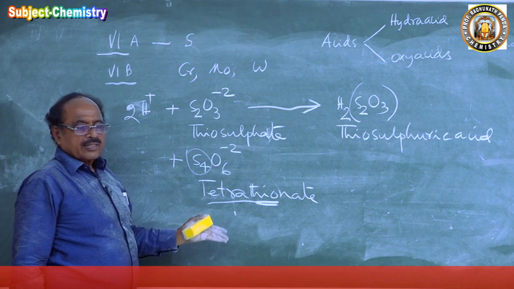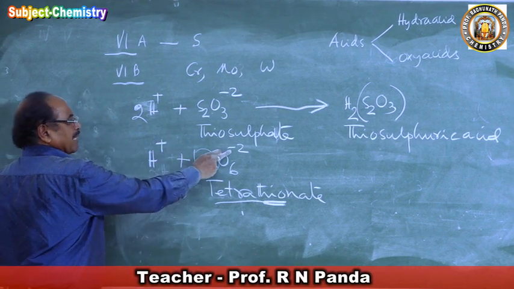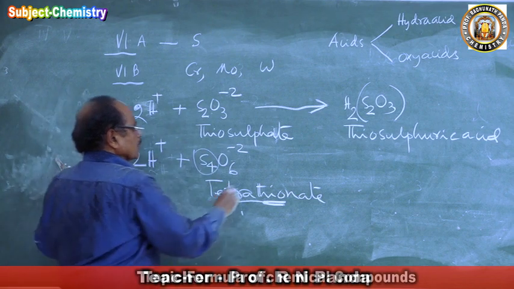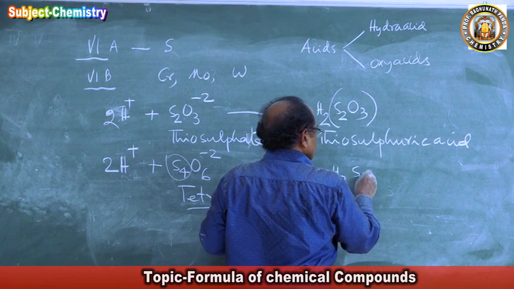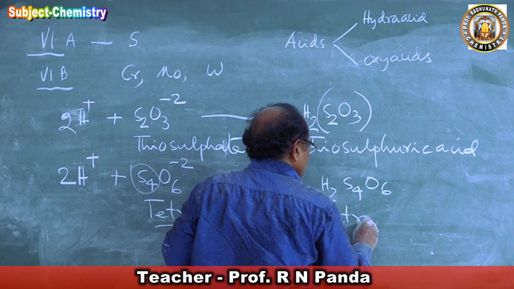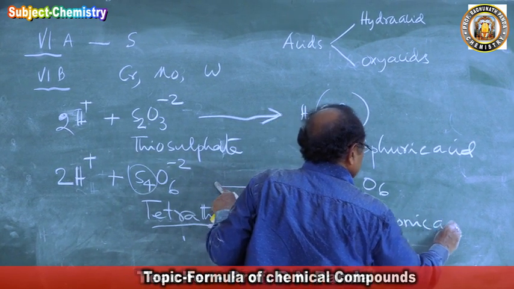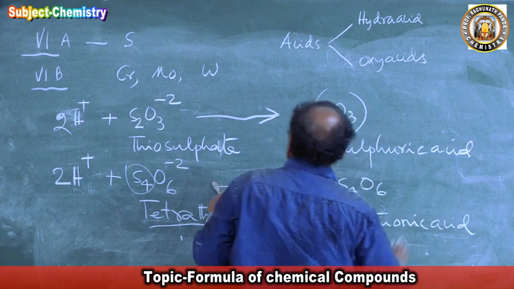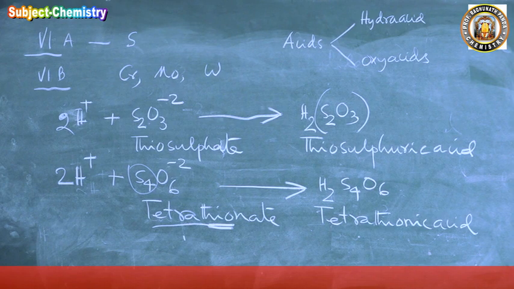S4O6 minus 2, tetrathionate, will combine with H plus. How many H plus? Minus 2, so 2H plus. So the formula will be H2S4O6, tetrathionic acid. These are the acids of sulfur.